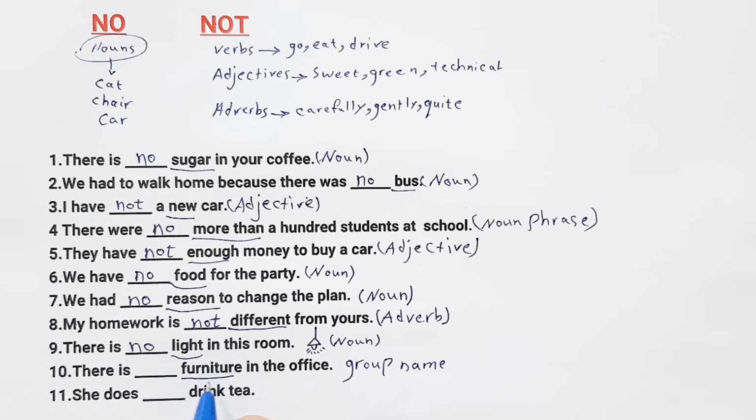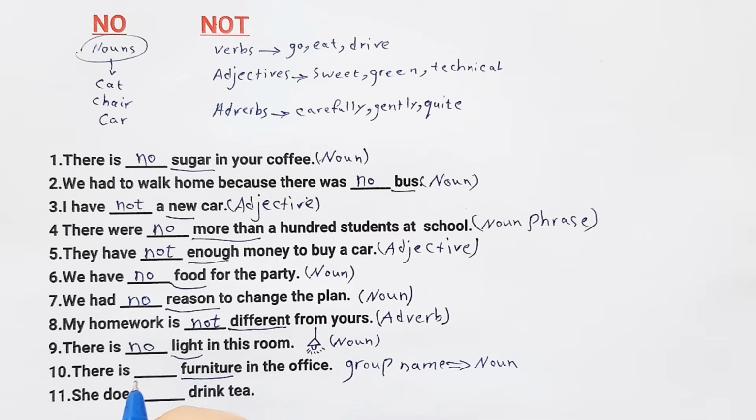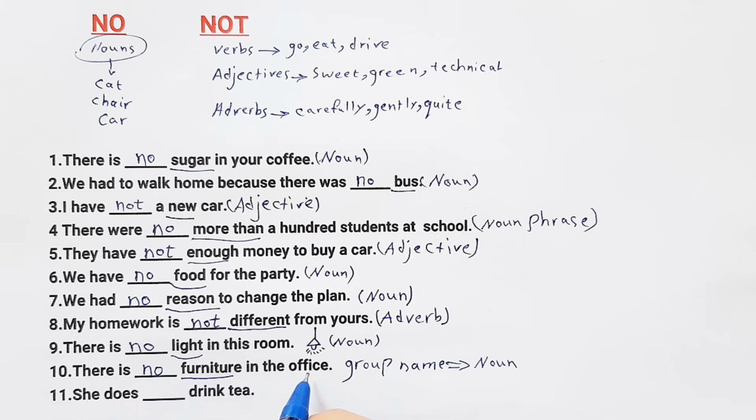It is a group of several sofas and furnitures, so it's a noun. And for nouns, we know that we must use no. There is no furniture in the office.